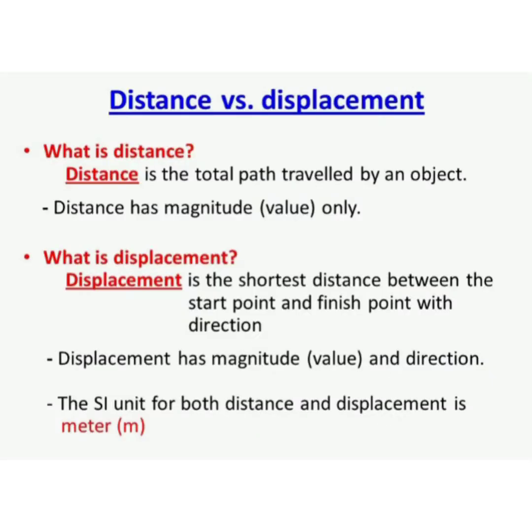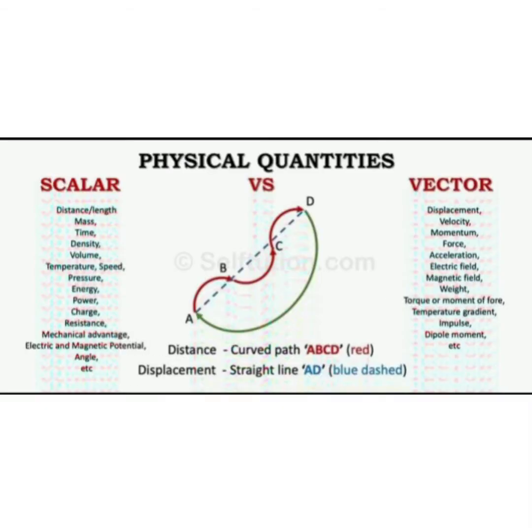Next one is distance and displacement. First one, what is the meaning of distance? If a body moves from point A to point D, then the total length of the curved path ABCD, the red color path, is called the distance moved by the body.